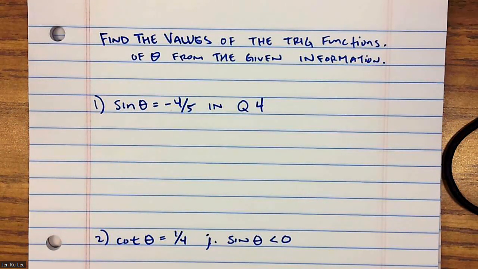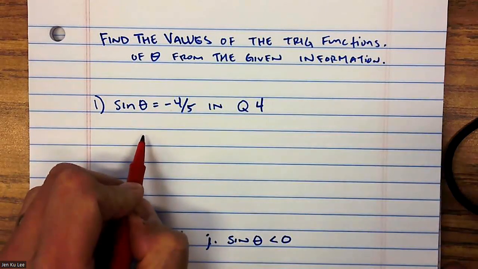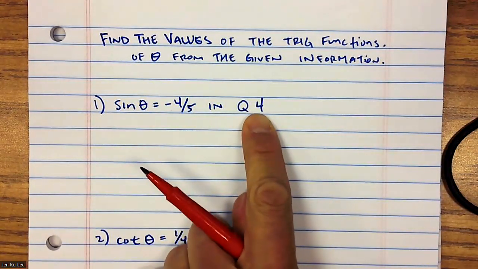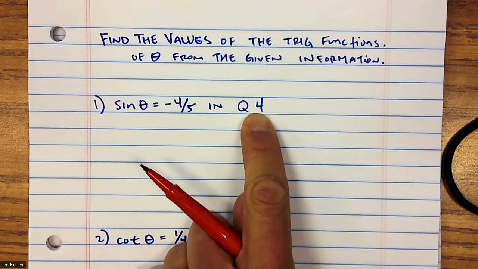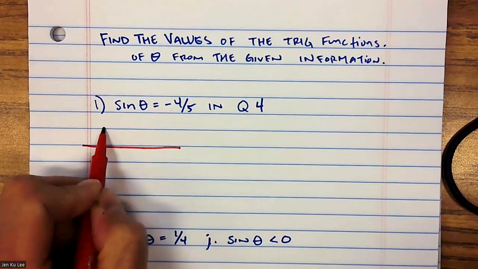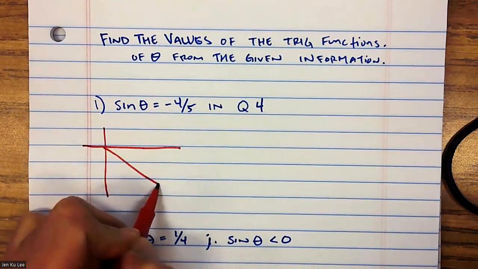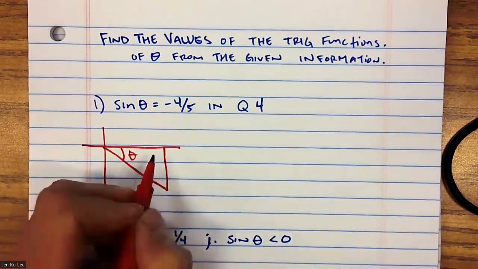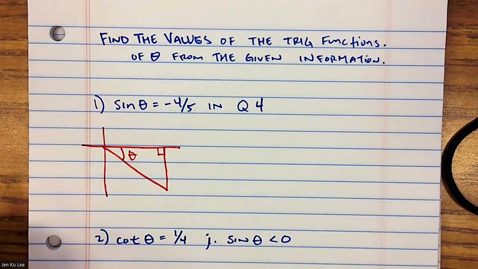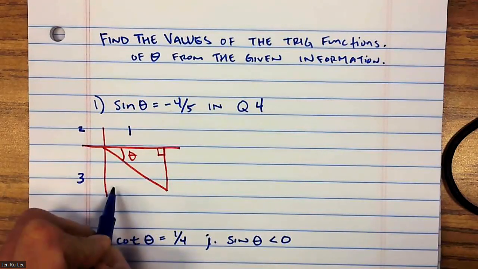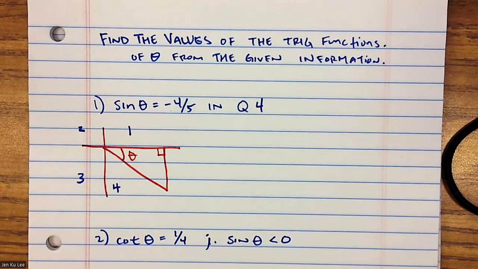We talked about reference triangles. So draw that reference triangle, and it's in quadrant 4. Remember my quadrants? So make a makeshift reference triangle in the 4th quadrant. Remember that this is the 1st quadrant, this is the 2nd, this is the 3rd, and this is the 4th quadrant, if you guys don't remember.